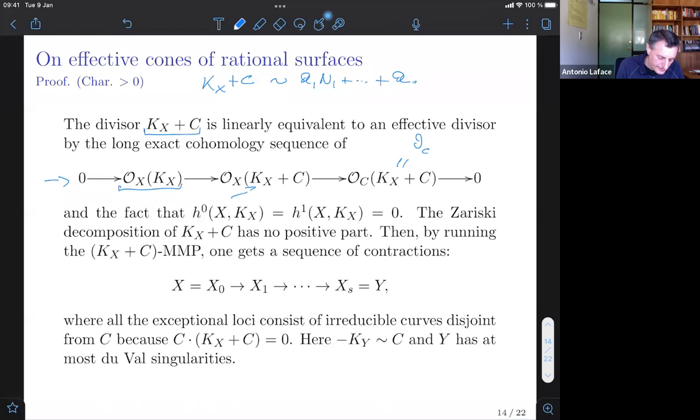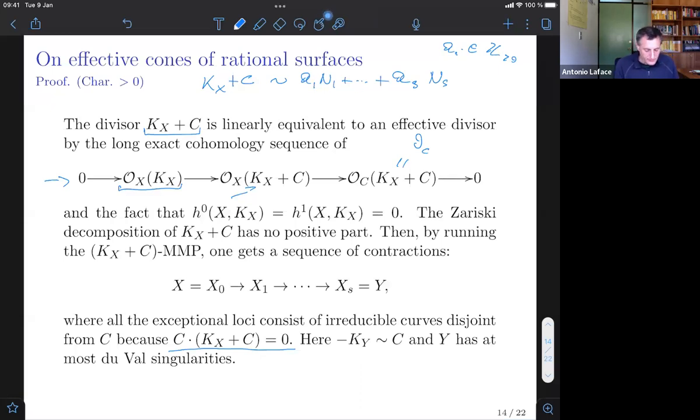These are negative curves, and it is also possible to show that actually all the coefficients in this Zariski decomposition are integers. Well, in this case it's effective, so they are positive integers. Then recall that C was orthogonal to itself and to K, so C·Kx is equal to 0. In particular, C is orthogonal to each of these Ni.